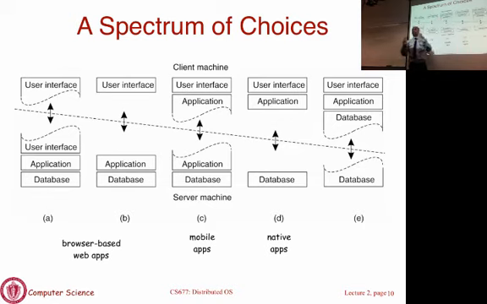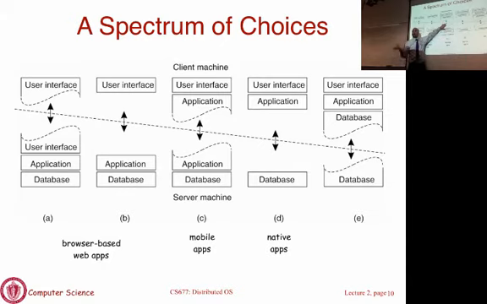And since this is a native mobile app, part of the application is actually on the client here. So it's not just the interface, but there's an application. Some part of the application is still on the server because the server is still doing some processing. Requests still go from the native app to the server side, so the server is doing that processing, and then there's the database side also on the server.